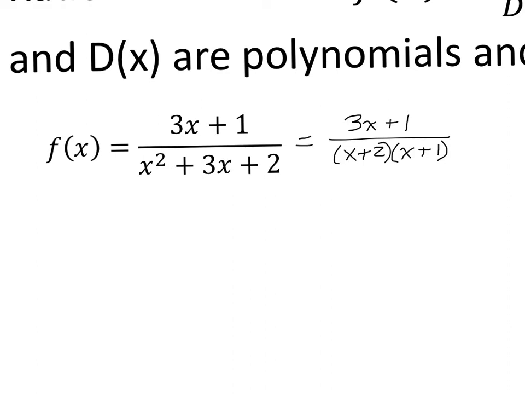So that's not in the domain. So x equal to negative 2 or negative 1 is not in the domain. So my domain is all reals with x not equal to negative 1 or negative 2.